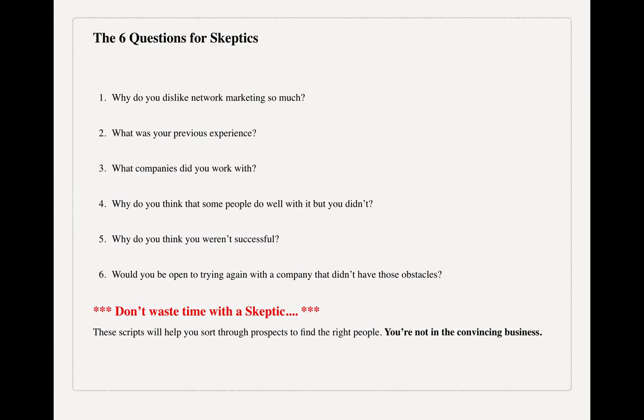And we can use a few questions to see if they have an issue because in their past there was an obstacle they were not capable of crossing, and maybe we can help them to move on, or it is just a mindset issue and they say no, it's not for me because it's a scheme. I don't know what a scheme means, but it's a scheme and I don't want to do that. So even if they are skeptics, we can use a few questions to separate mindset from real issues that maybe we can handle and help with.